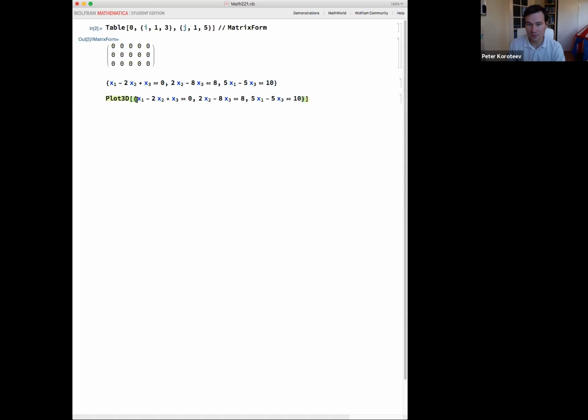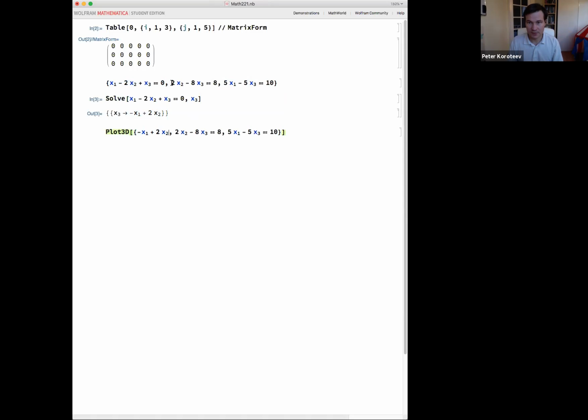So x3 will be equal to negative x1 plus x2. That's the first plane that we're going to draw.